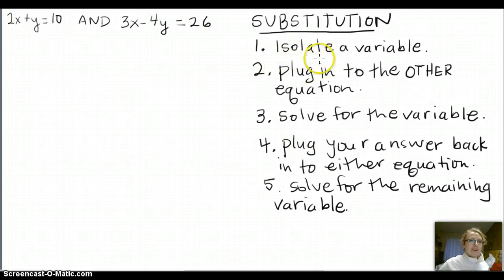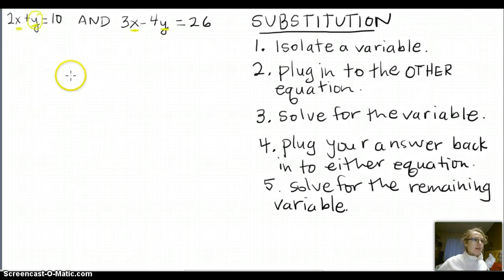Okay, step 1 says isolate a variable. I want to choose one of these 4 variables. I know there's only 2 different ones, but you can see them in 4 places, right? There are 2 x's and 2 y's. I want to choose the one that's going to be easiest to get all alone by itself. I think that is going to be this y right here.